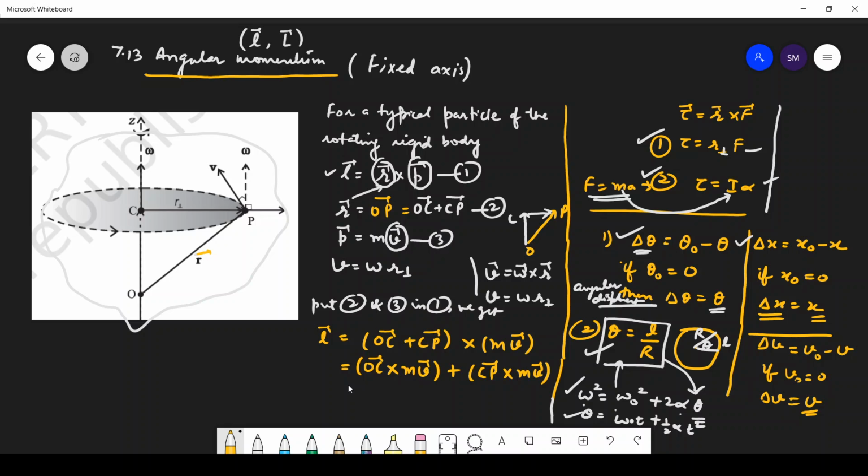Now here, what is this CP and what's this v? And what's OC cross mv? So let us see, this is your OC, and this is the direction of velocity, which is tangential, right? OC is along the z-axis, and this v is in the xy plane.